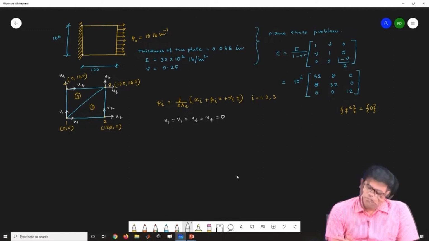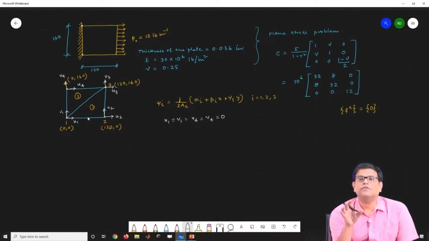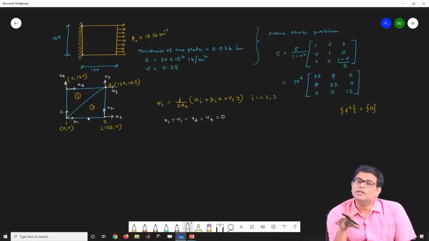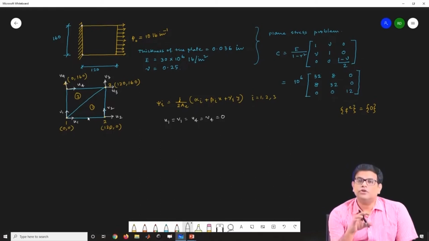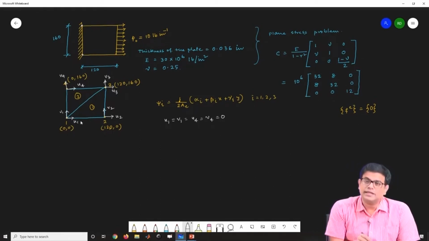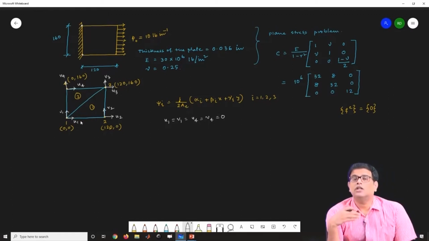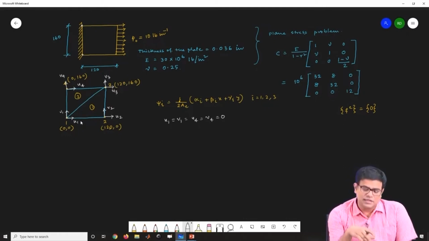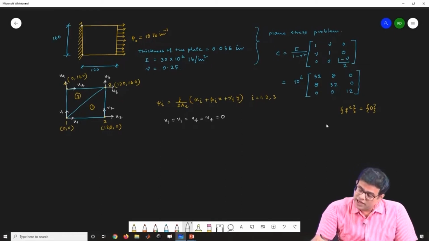Now let us consider each element. Our first job is to find the elemental stiffness matrix and elemental force vector. Before doing that, we need what we call the pre-processing of the mesh. The pre-processing of the mesh requires several things, that is, the coordinate matrix of this discretization.